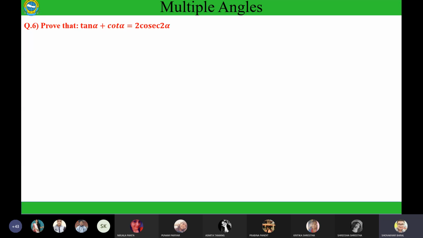So tan alpha plus cot alpha is equals to 2 cosec 2 alpha. This is very easy. We don't have a direct formula connecting tan and cot with cosec.